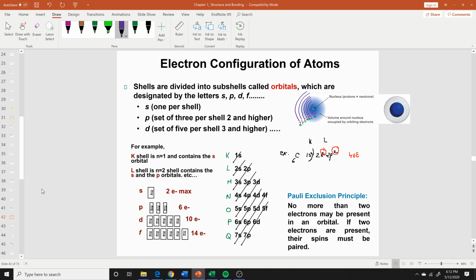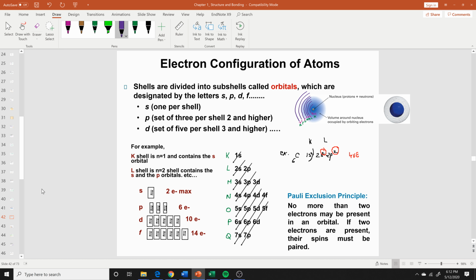And the shells are divided into subshells. Normally the shells, we're going to call them n equal to 1 shell, and so on. We're going to give them a number 1 through 7. You have 7 shells around the nucleus where electrons reside. And these shells, we're going to give them a letter name from K to Q. So K is n equal to 1, Q is n equal to 7.